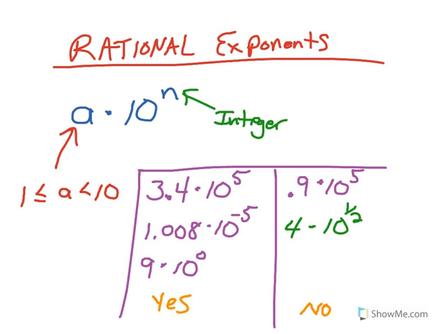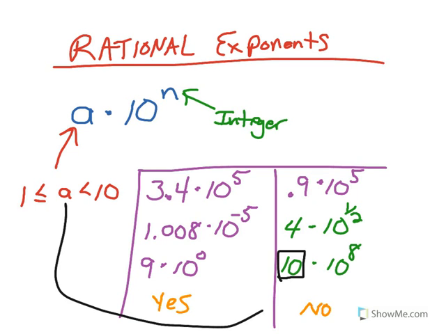It's not scientific notation because the exponent 1/2 is not an integer. Another example, 10 times 10 to the 8th. This is not scientific notation because this 10 is not less than 10. You can see here it has to be less than 10. So those are the reasons why those are not scientific notation.